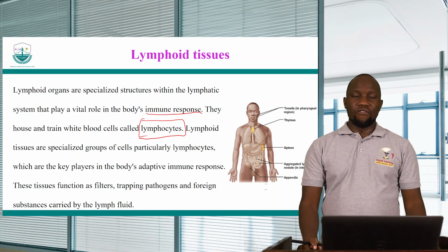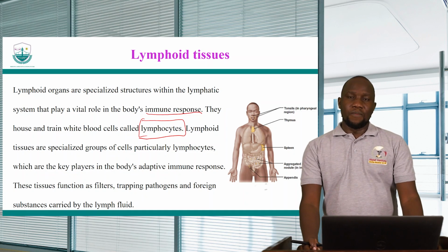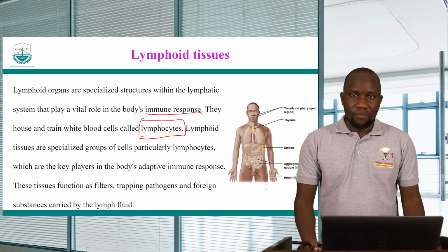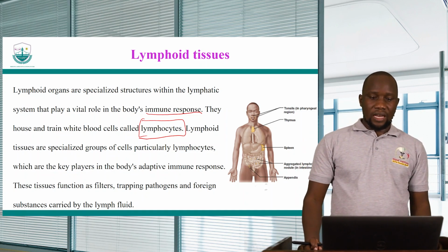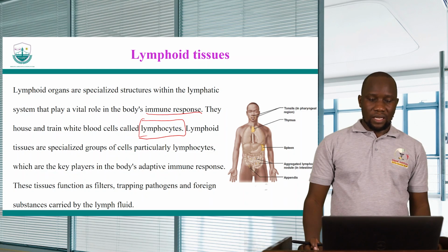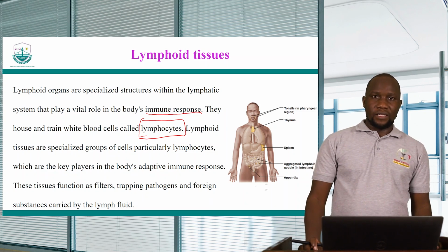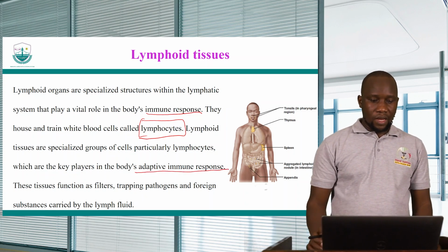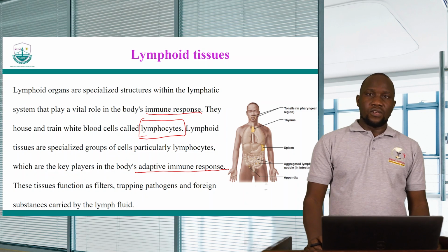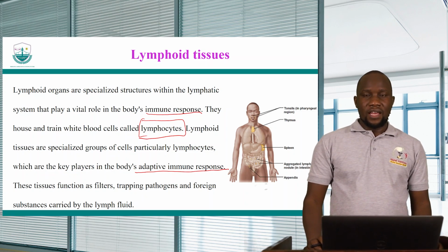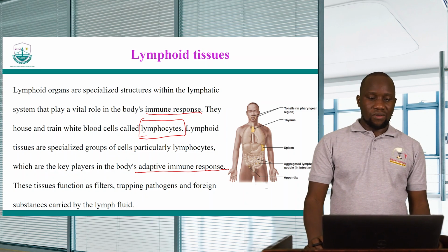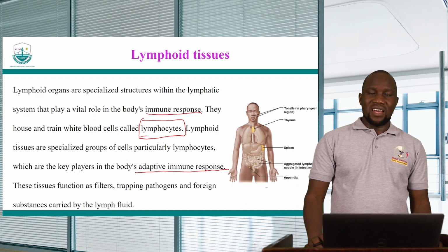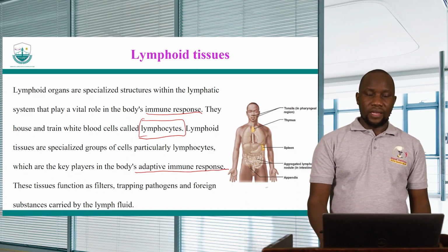Okay, so they are very important as one of the key players of defense. And that type of defense that is offered by the lymphocytes in terms of immunity is what we call the adaptive immune response. Okay, so they attack and destroy these pathogens, even the foreign substances, and even worn out cells that are no longer needed.